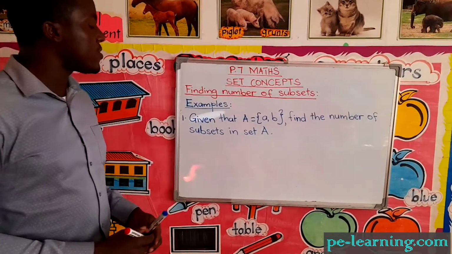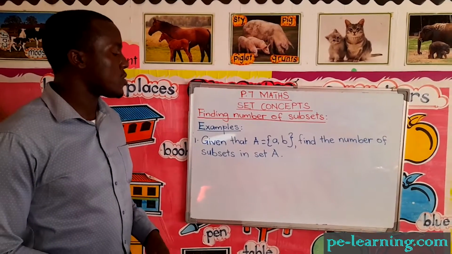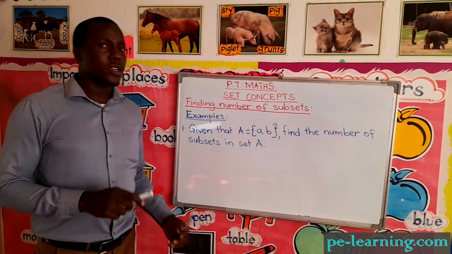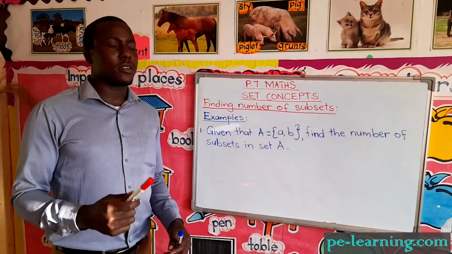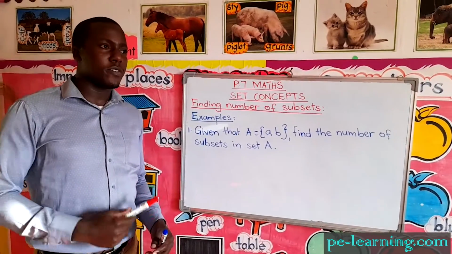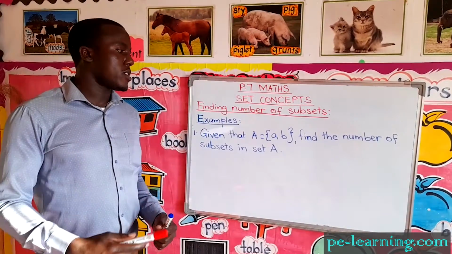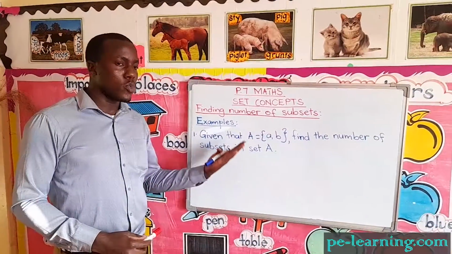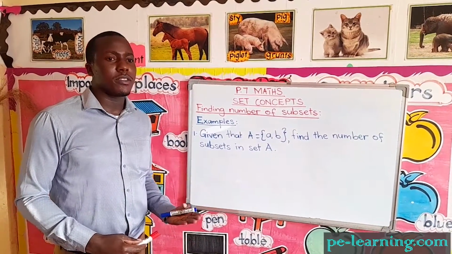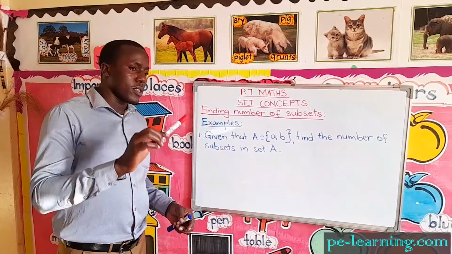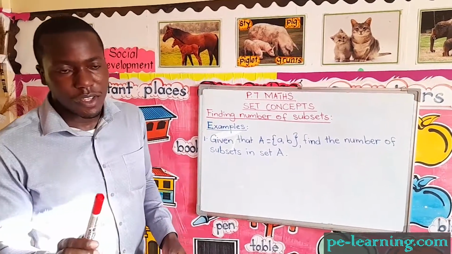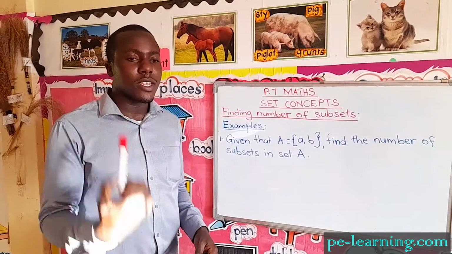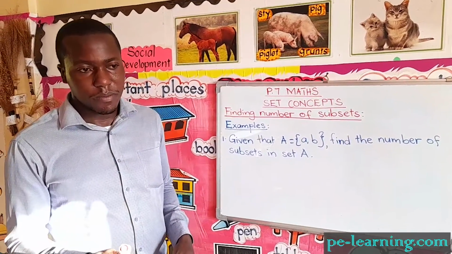So when it comes to listing, the first thing to know is that an empty set is a subset of any given set. You must put it in your brain that an empty set is a subset of any given set.